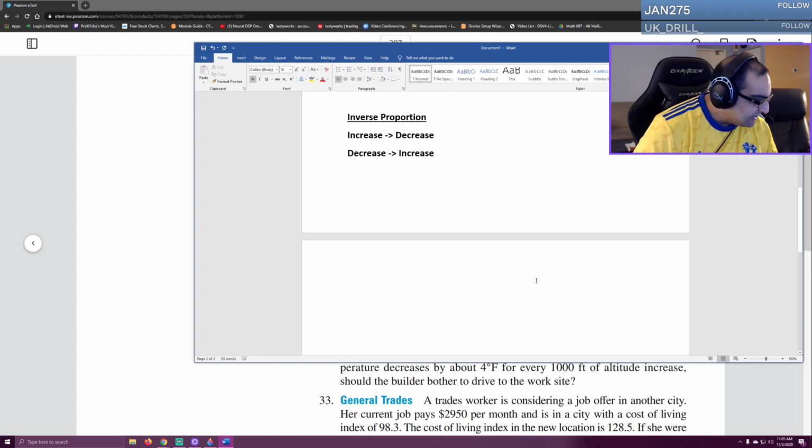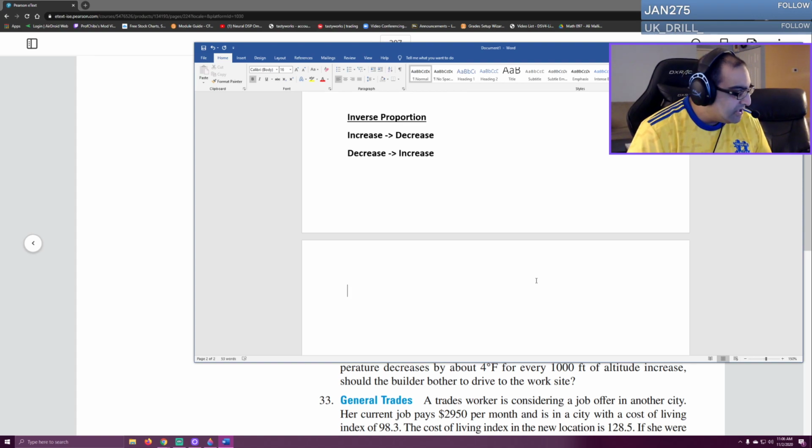Now, albeit the concept isn't too hard, you just have to be very careful about how you set up the problem. Direct proportions are pretty much what we've already talked about in the first part, but I want to set this up slightly differently.